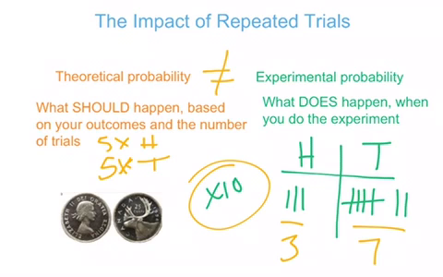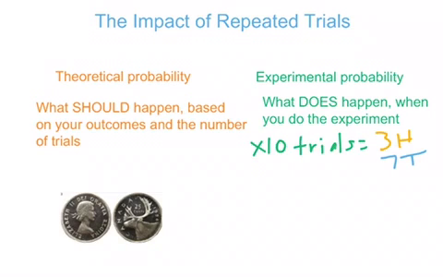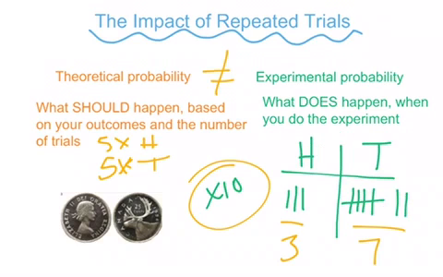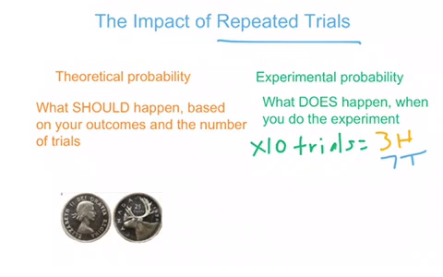But that brings us back to today's lesson, the impact of repeated trials. If you remember from the first few seconds of this video, repeated trials means when we do the trial over and over again. So if I did this experiment 10 times, as I showed you on this page, I got heads 3 times and I got tails 7 times. So that's when I did the trial 10 times.